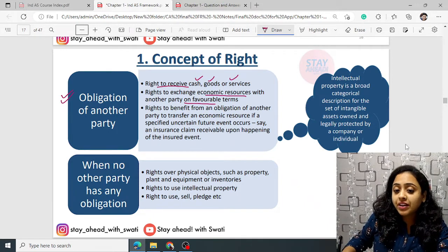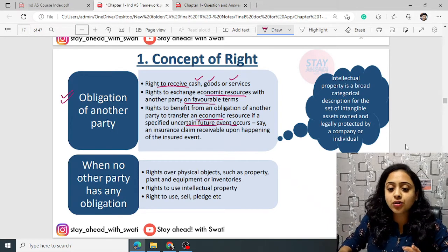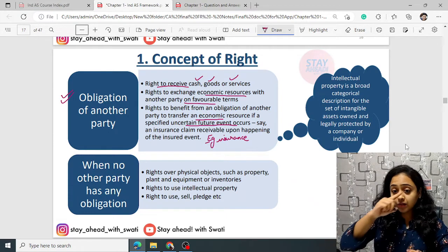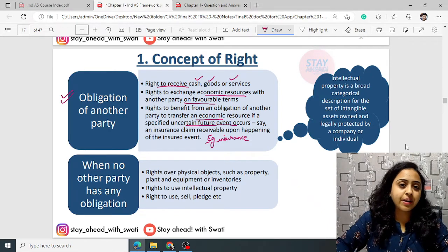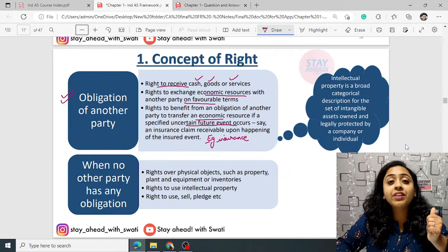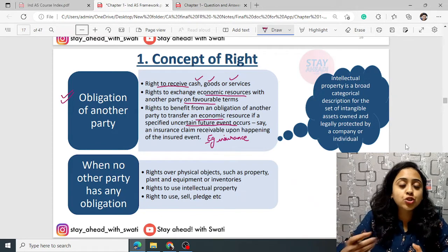Rights to benefit from an obligation of another party to transfer an economic resource if specified uncertain future events occur. For example, an insurance company. A good example is insurance. In case of any fire, flood, etc., you have a right to claim some cash amount from that insurance company.